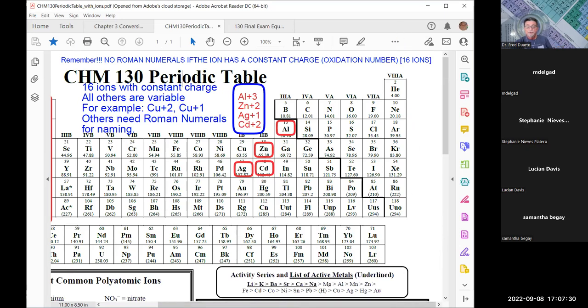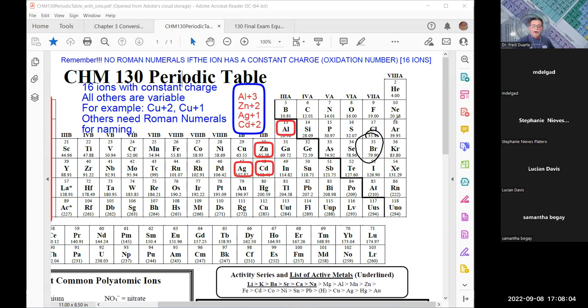What is the most common isotope of bromine, based on the periodic table? Bromine 80, exactly. You got it. Bromine 80, because you take the 79.90 and round it up to the nearest whole number, and bromine 80 would be the most common isotope.